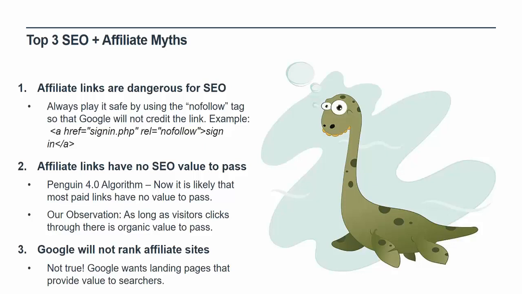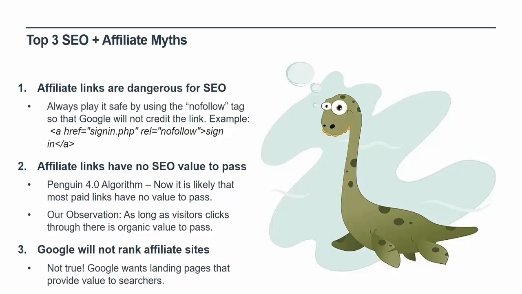Right now in our field, it's said that they probably have no value to pass anyway. So Google's just making these links null and void without you even needing to put nofollow on them. But as I said a second ago, my observation is as long as a link is bringing you traffic, and as long as that audience finds the landing page they wound up on valuable, that is the name of the game in 2018. And you'll see a lot of the slides to follow really come with that message.